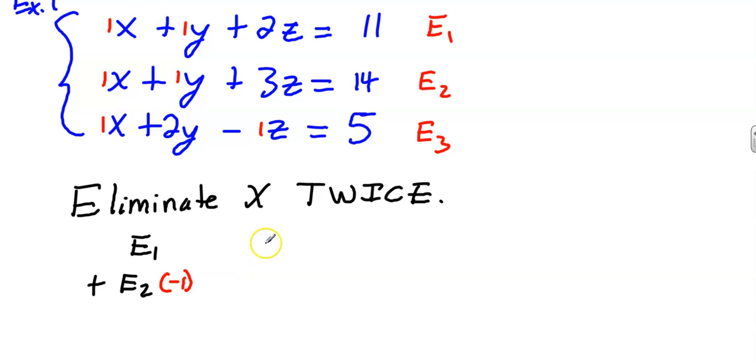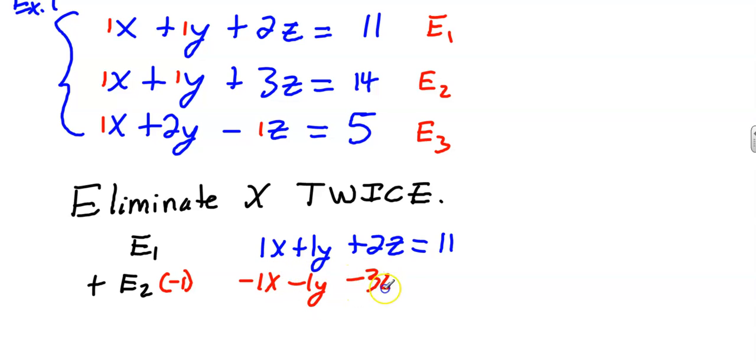Okay, so if we do that, I'm going to go ahead and put the 1s in here, just so we don't make any simple mistakes. 1x plus 1y plus 2z equals 11. We're going to take the second equation and multiply everything by -1. So that's -1x minus 1y minus 3z equals -14.